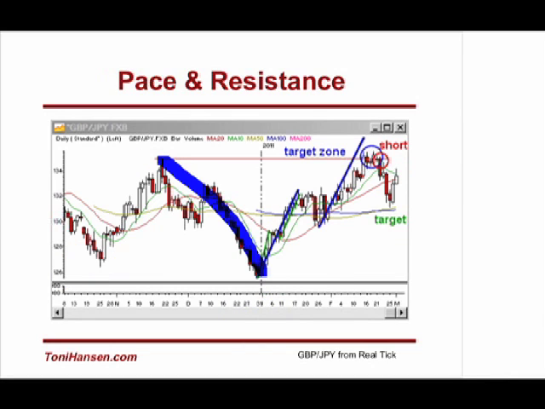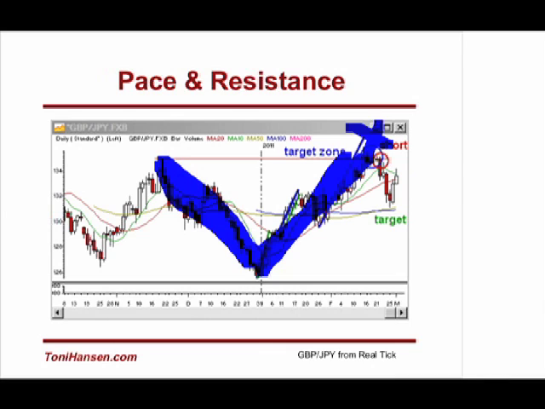A lot of times when you've got a V bottom and the overall momentum of each of these moves is very similar, it's very difficult for it to break past that previous high to any real degree. Typically what happens is that it stalls short of that level, or slightly higher than that level, but then pulls back and leads to a longer trading range, particularly if this low was lower than the prior low.